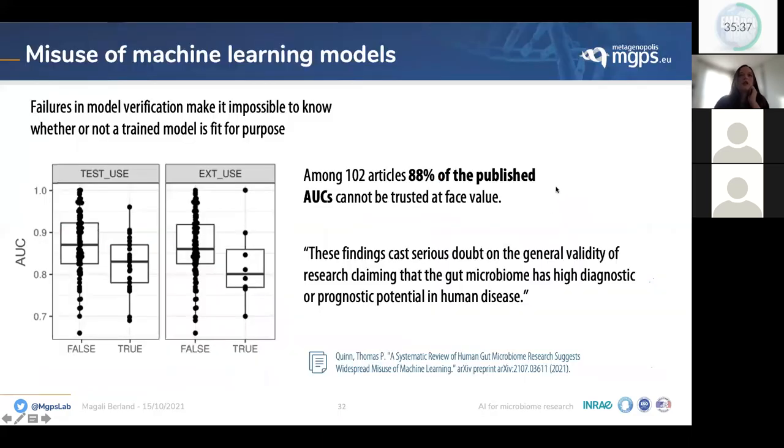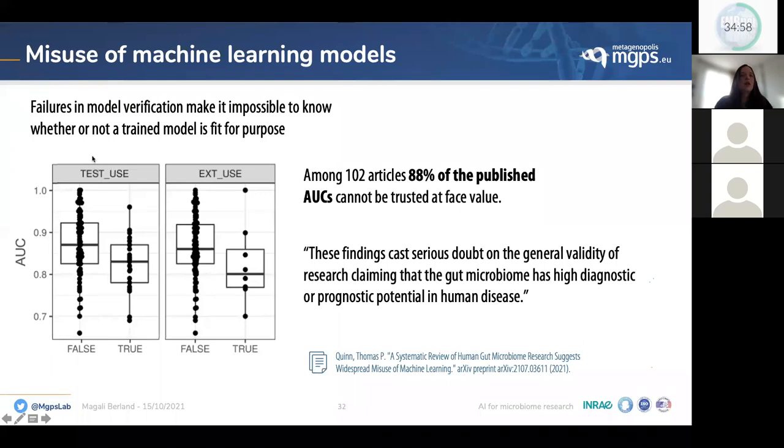The first challenge is obviously the misuse of machine learning models. I found here a systematic review of human gut microbiome research. This paper, which is a preprint, suggests that there is a widespread misuse of machine learning. The author says that a lot of publications do not include the right steps to verify that the algorithm gives a trustworthy answer.